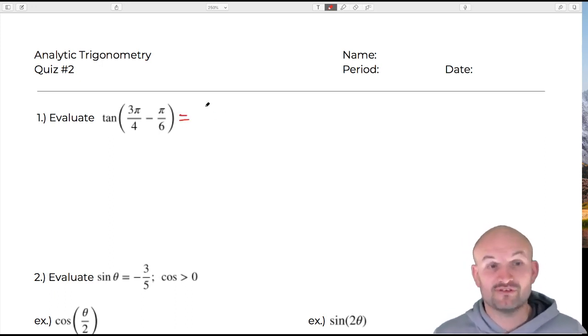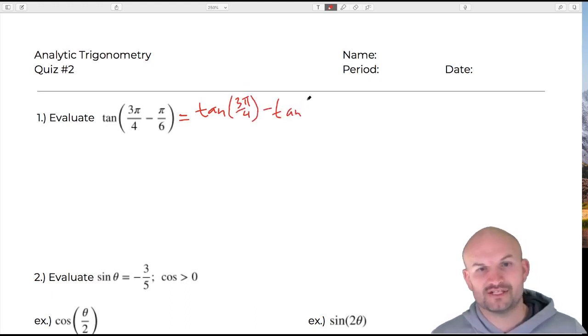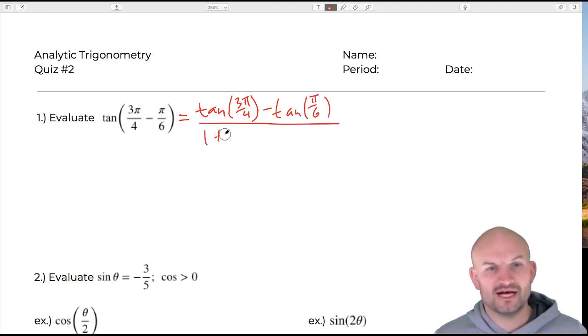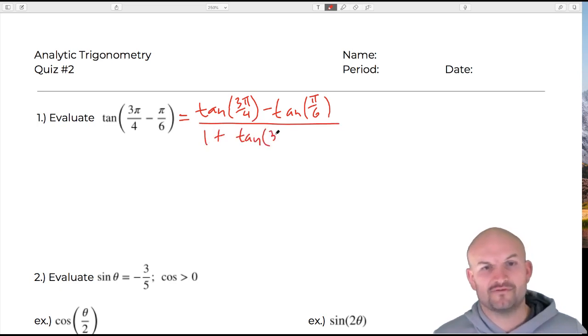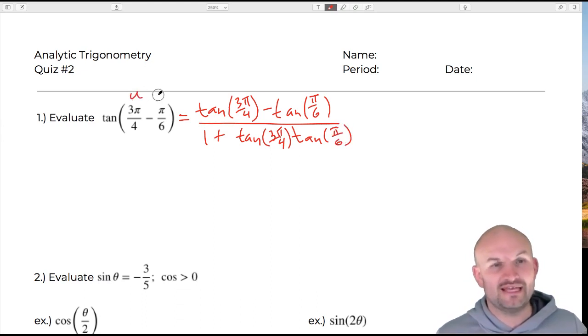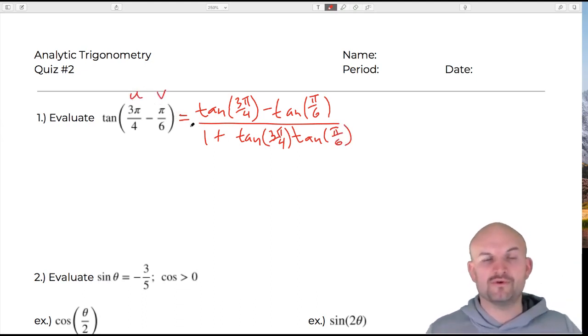So using the formula for tangent of the difference of two angles, we'd have the tangent of 3 pi over 4 minus the tangent of pi over 6, and then all over 1 plus the tangent of 3 pi over 4 times the tangent of pi over 6. This is just direct substitution, pretending these are my angles U and V, and I'm just plugging them into the formula.